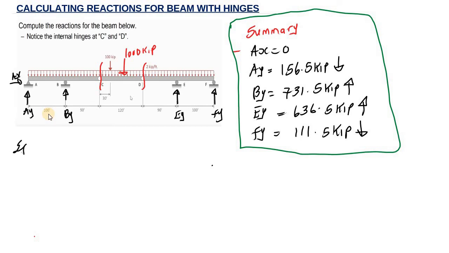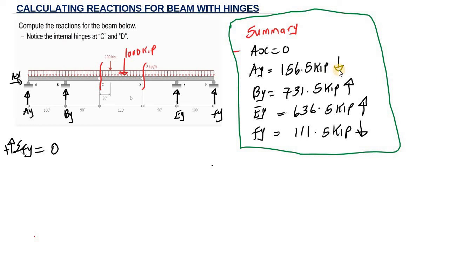So I'm going to say the summation of all the vertical forces needs to be equal to 0, and all the vertical forces acting upward are positive, while all the vertical forces acting downward are negative. Pardon me. So the first vertical force we have is 156.5 kip.